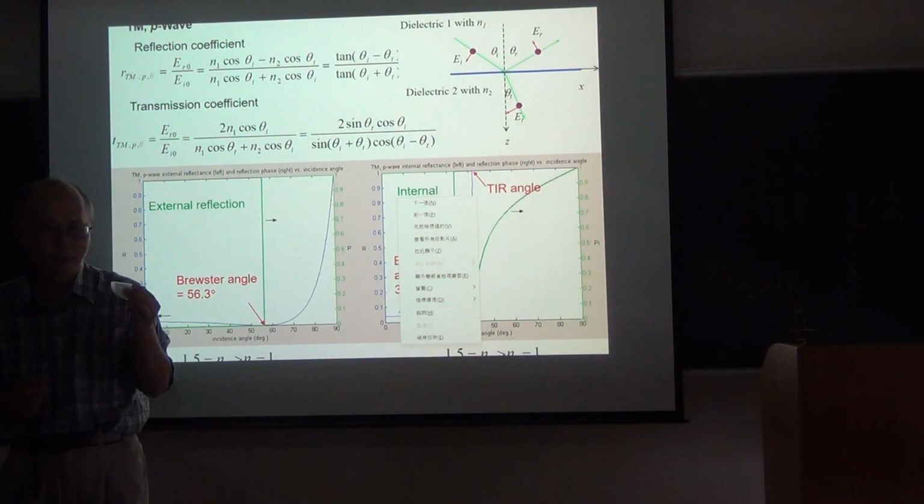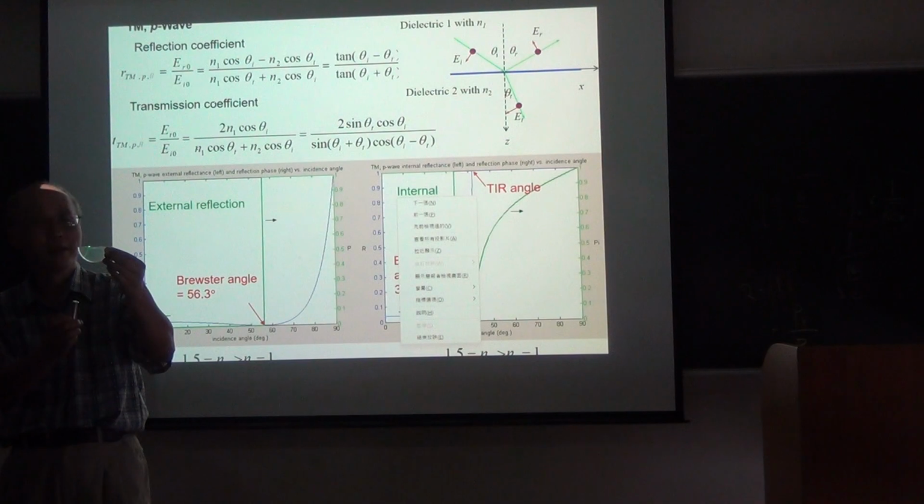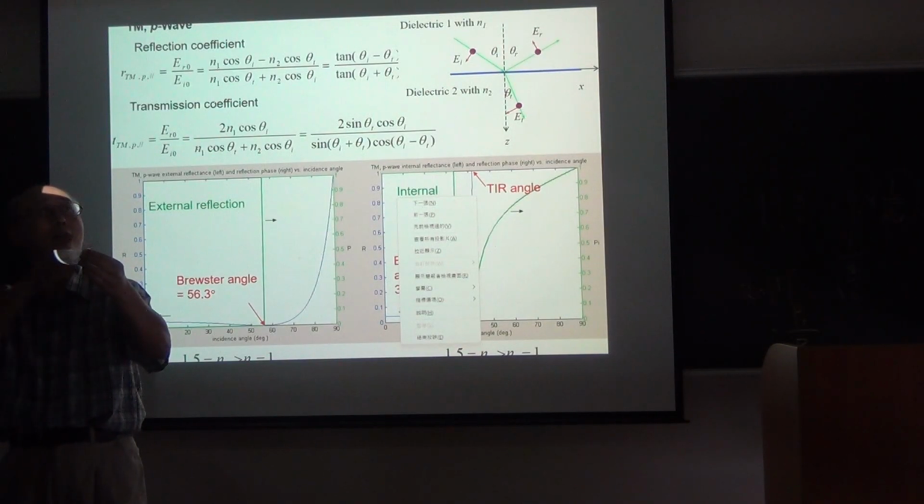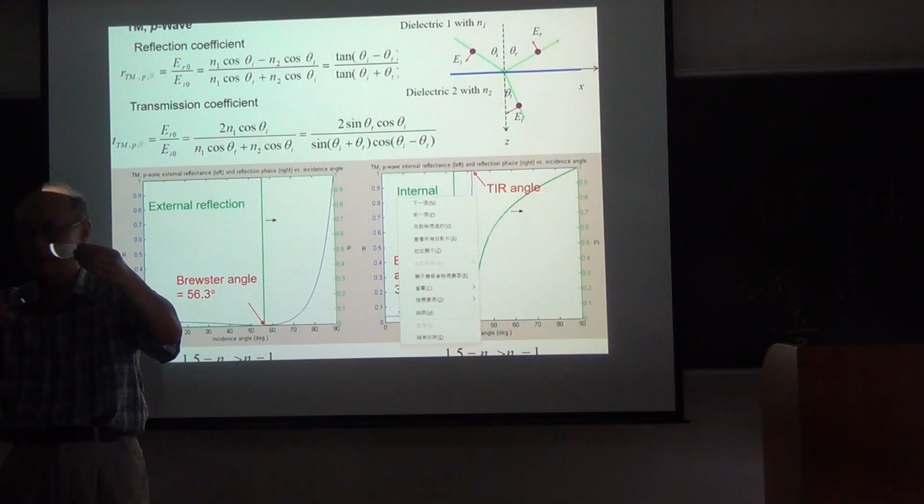And total internal reflection, I did it in the class, right? Total internal reflection is like this. You see transmission, you see reflection, but then if I increase the angle of incidence, at a certain point, that disappears. All the energy will just shoot down.